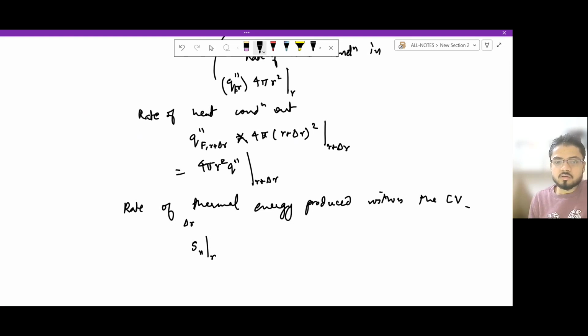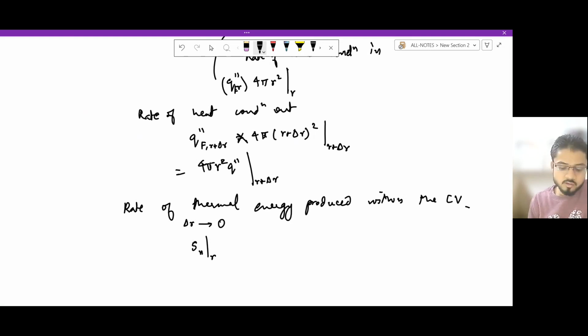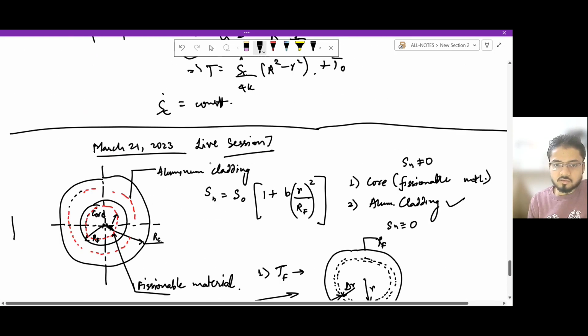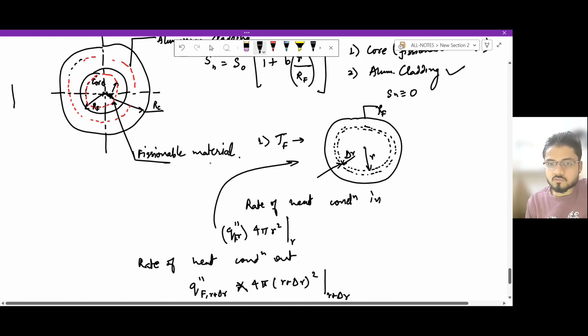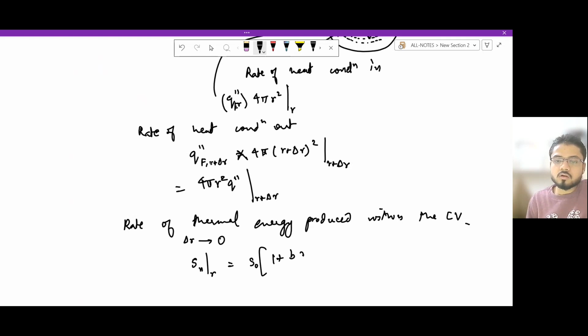Since delta r is small, that is, the thickness of this spherical element is really small, we could just ignore the spatial variations in the volumetric energy generation rate across the thickness of this spherical element. So we could just write it as S naught times 1 plus b r over r F squared. Or you could simply keep it like this.